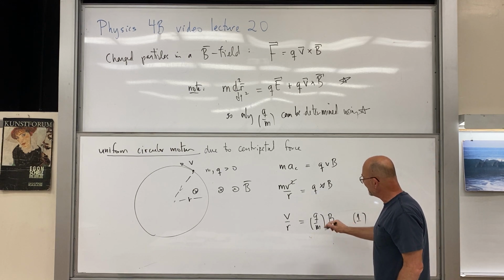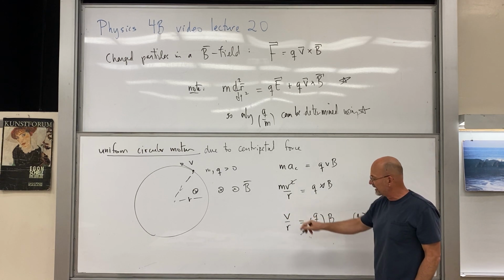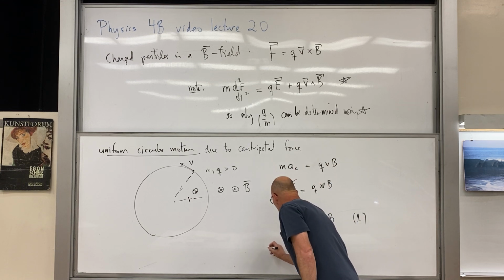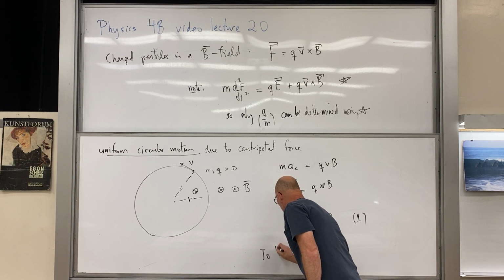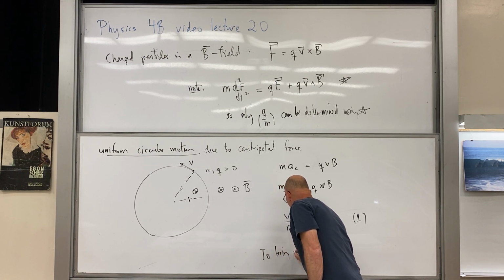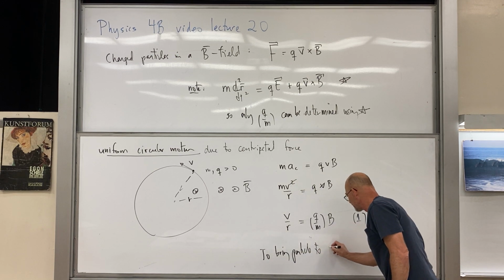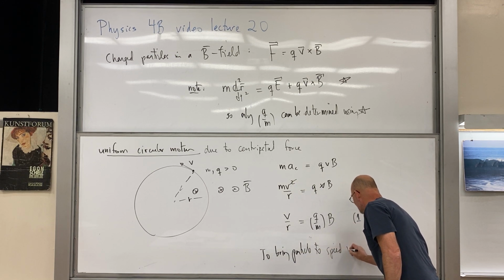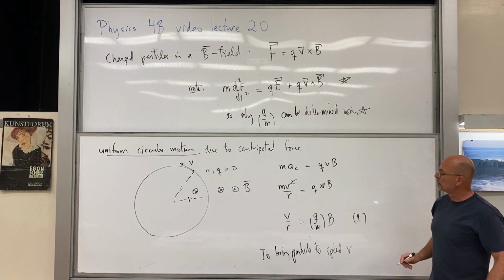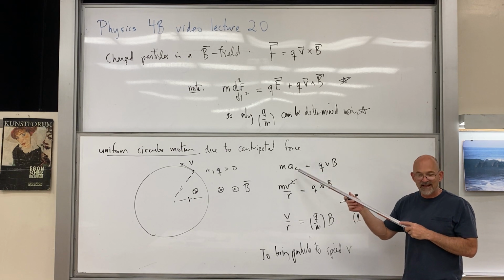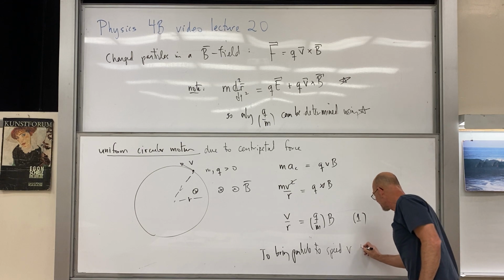Now, what about v? How do you get the speed v? To bring a particle up to a speed v, we have to send it through an electric field or through a potential difference. What we do is this.